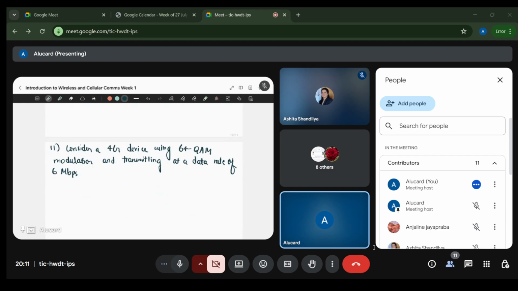We are using 64 QAM and transmitting at 6 megabits per second.